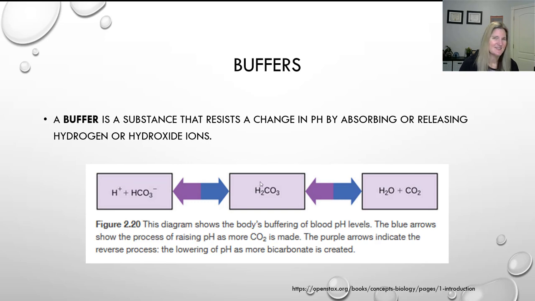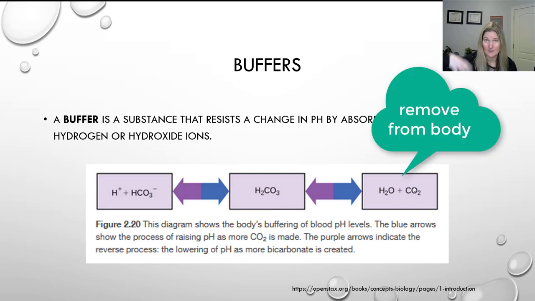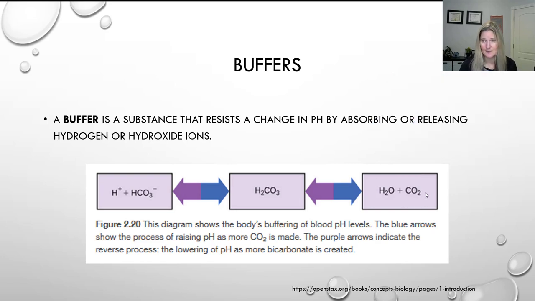If we want to get rid of all of that, then that carbonic acid can further break down into water and carbon dioxide, and we can release the carbon dioxide into the atmosphere when we exhale. This allows us to get rid of that excess hydrogen ions.